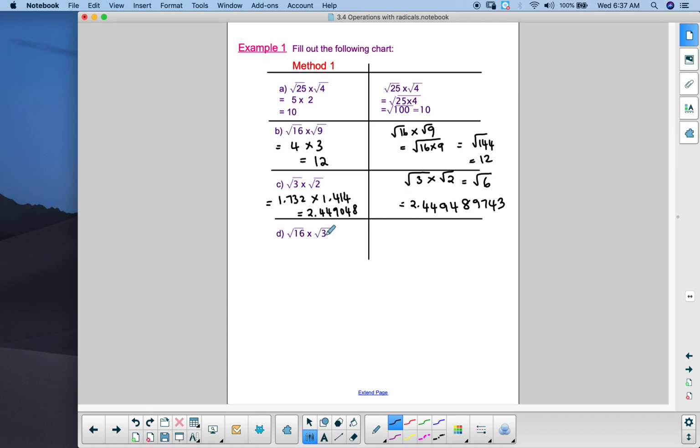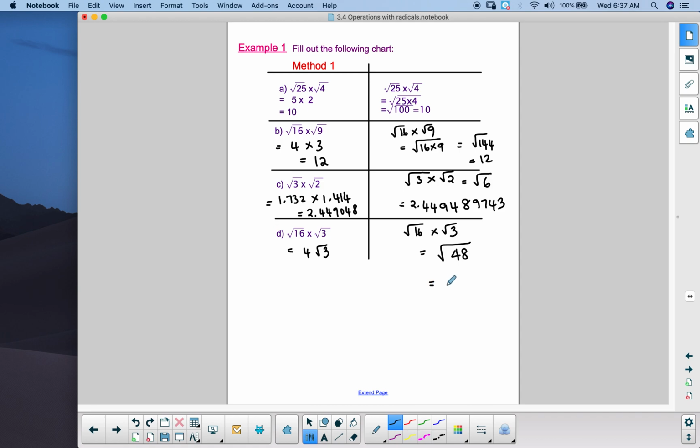Square root of 16 times square root of 3. 16 is a perfect square, so the square root of 16 is 4, and you can't really square root that, so you leave it as 4 root 3. And if you were to do it in a different way, where you bring them both under the same radical and create an entire radical, 16 times 3 is 48.